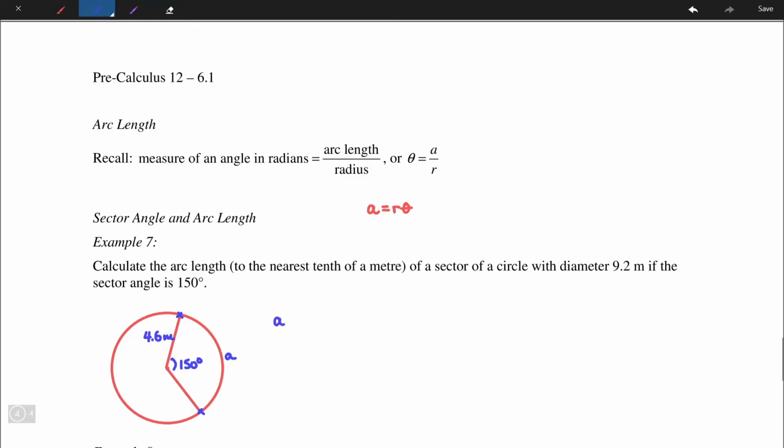So using A is equal to R times theta, we can have 4.6, the radius, multiplied by 150 degrees times pi over 180 degrees. Now this part is necessary because the A equals R theta formula works when the angle is in radians, not in degrees. And once we multiply everything out, the arc length is approximately 12 meters.